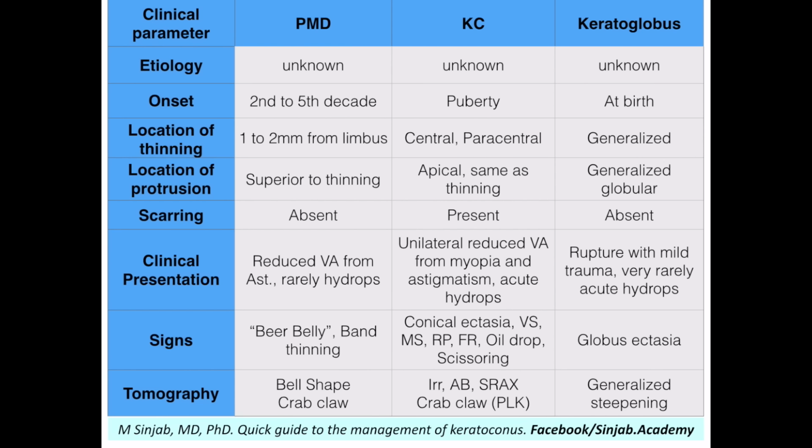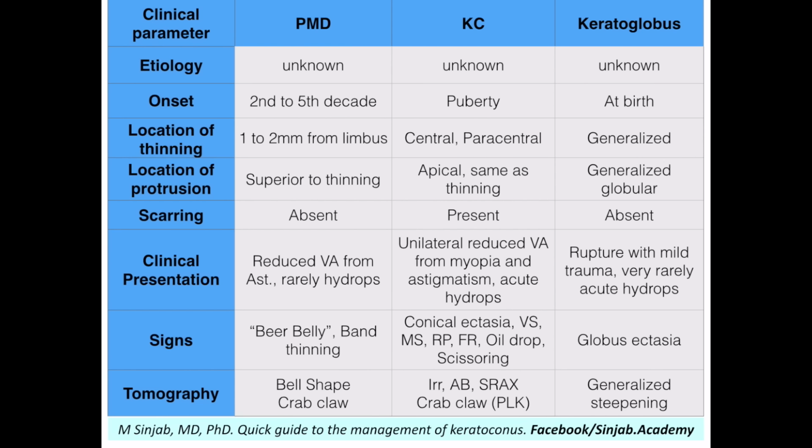The location of protrusion is superior to the thinning, which we call the beer belly side profile, in pellucid marginal degeneration, while it is apical and corresponds to the location of the thinning in keratoconus, and generalized and globular in keratoglobus. Scarring is absent in pellucid marginal degeneration and in keratoglobus, while it is sometimes present in keratoconus.